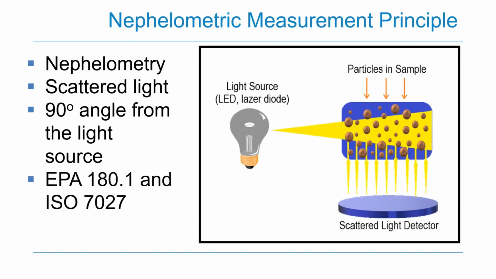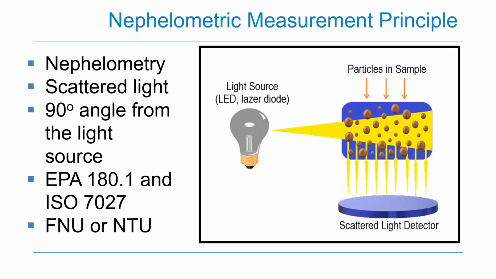EPA 180.1 specifies a white light source at a wavelength of 400 to 600 nanometers at a 90-degree incidence angle. It's also in ISO 7027, which specifies infrared light at a wavelength of 860 nanometers. Now, in measuring turbidity in drinking water, readings are from a calibration curve established with formazine typically.